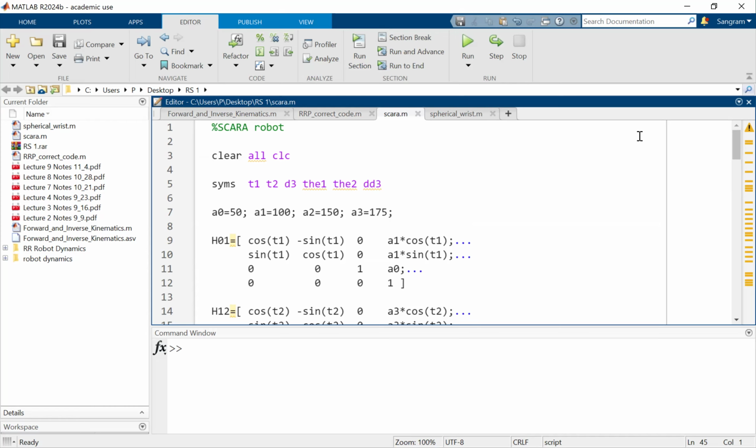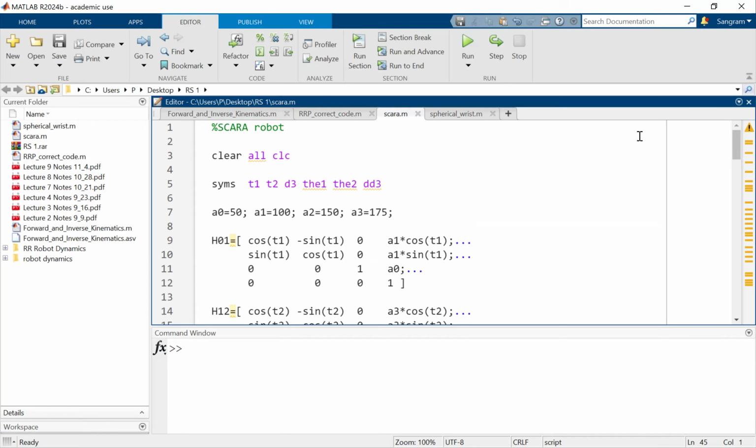Line number 3, clear all, clc. We have 3 joint variables, T1, T2, and D3. I'm also specifying theta 1, theta 2, and DD3. And you will know why I did that.